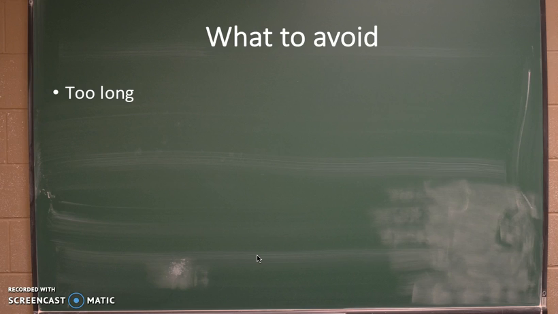Also, if the introduction is going on for too long, chances are that a lot of the information that you've put in is going to be irrelevant, and that's something that you want to avoid. It's not going to get you the marks, and it's going to make the reader think, what's happening here?